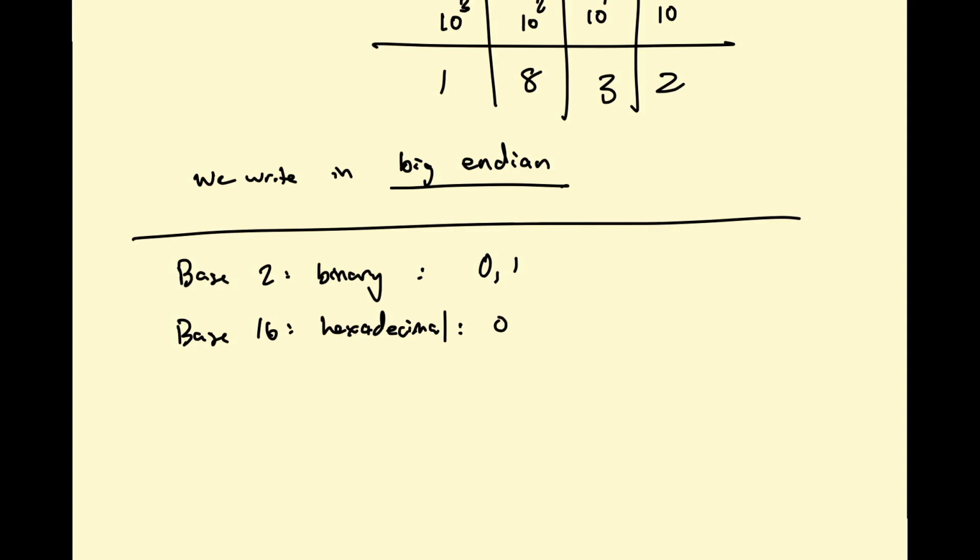And in hexadecimal, we have the same digits 0 through 9, but we need 6 more, hence the name hexadecimal. And the convention that has stuck is to just use the letters from there. Okay, so we'll start with binary, and then we'll build into the hexadecimal.